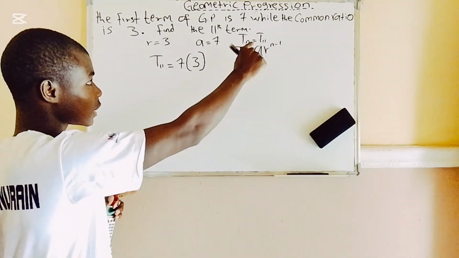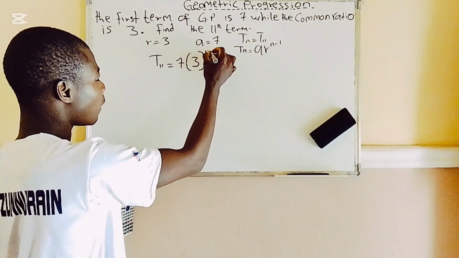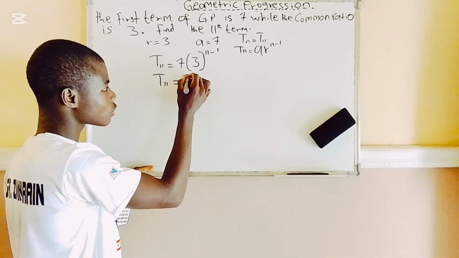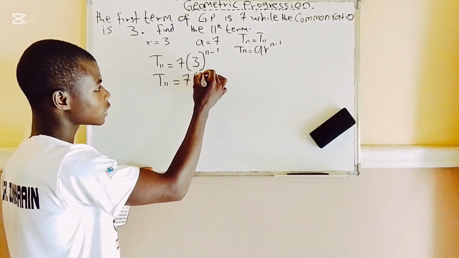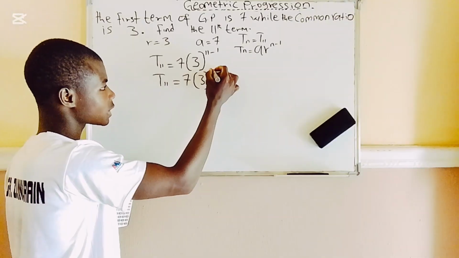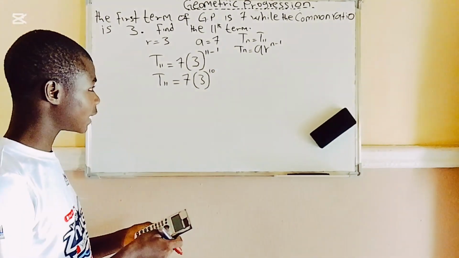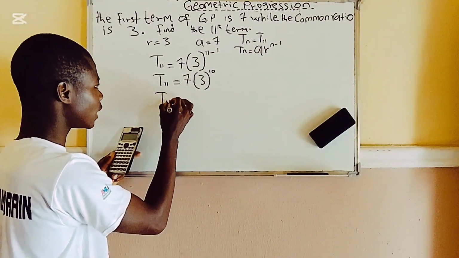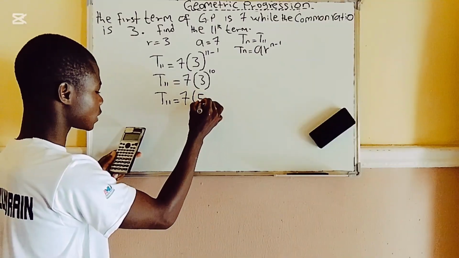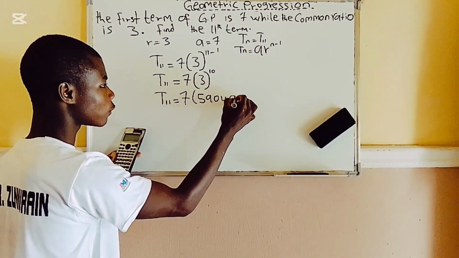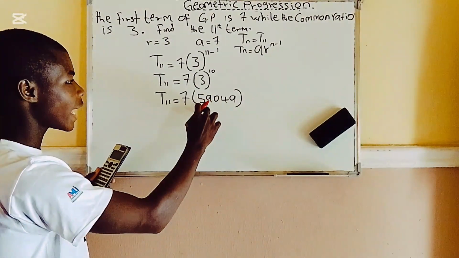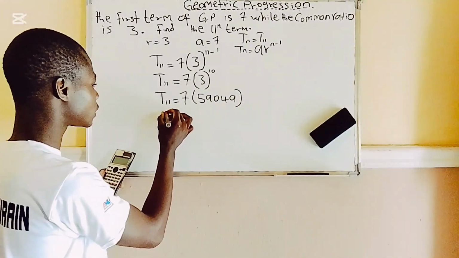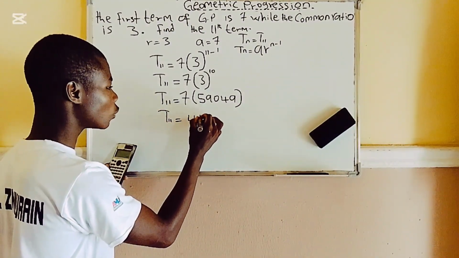The value of n is 11, so 11 minus 1. Therefore T of 11 will be equal to 7 multiplied by 3 to the power of 10. 3 to the power of 10 is 59049. So T of 11 is 7 multiplied by 59049.